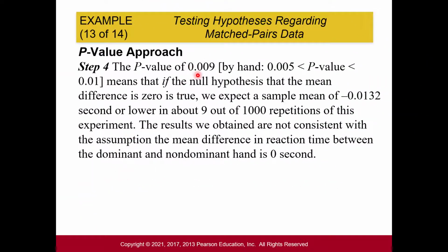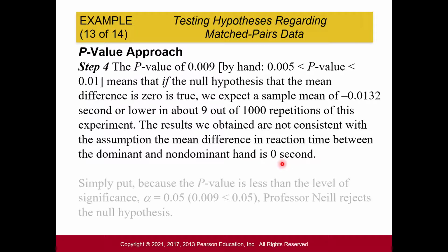So our p-value of 0.009 means that if the null hypothesis is true, we expect a sample mean of negative 0.0132 of a second or lower in about 9 out of 1,000 repetitions of this experiment. The results we obtained are not consistent with the assumption that the mean difference in reaction time between the dominant and non-dominant hand is 0 seconds.